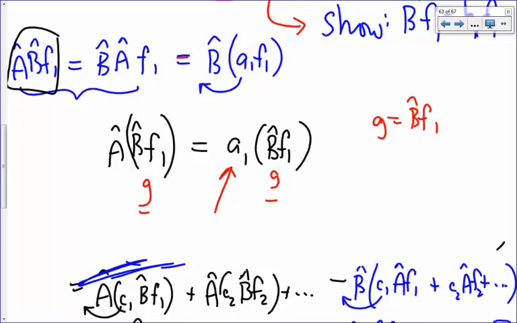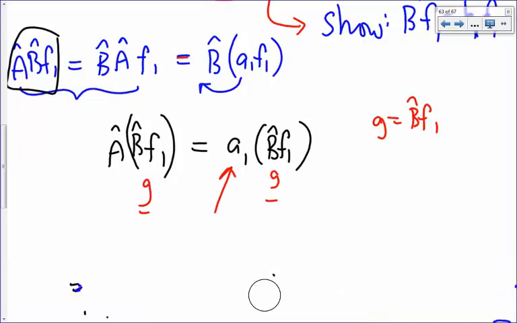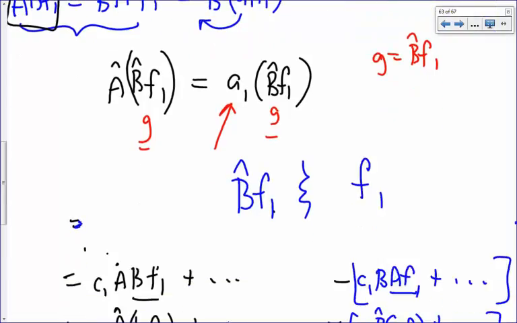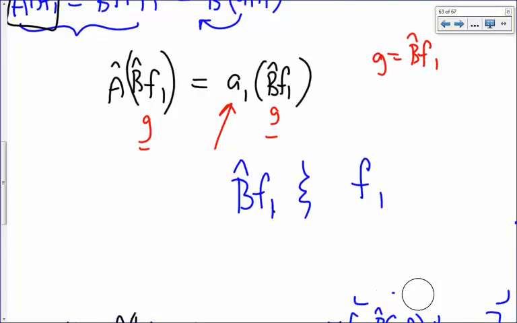So in other words, what we're saying is that B hat F1 and F1, B hat F1 is G, right?